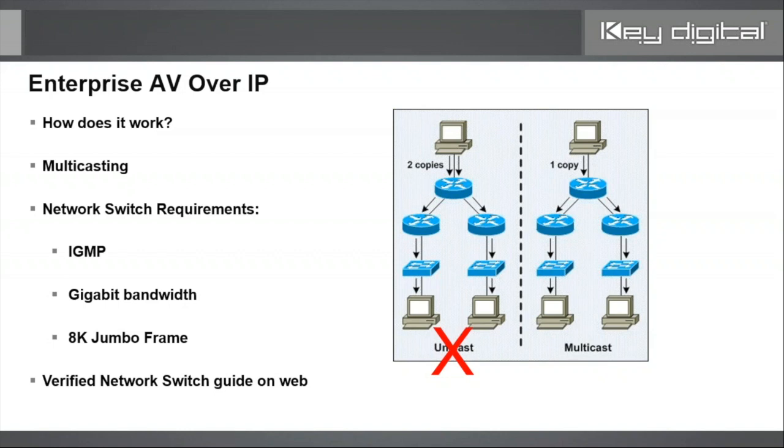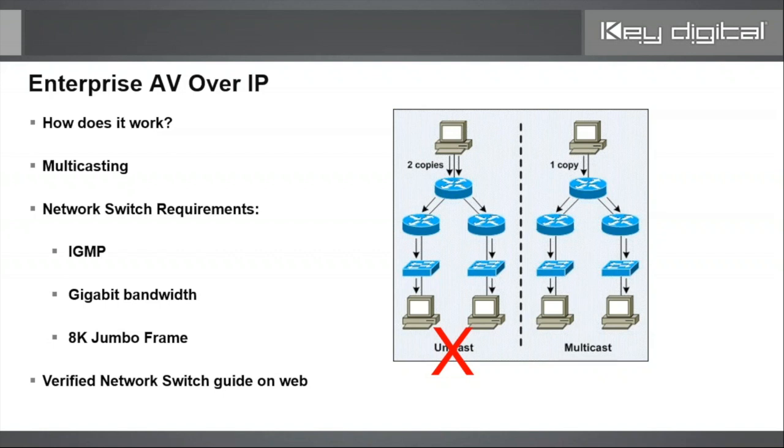Now, that sounds great, except that it could cause a lot of problems if you are sending an AV signal to a printer on your network, for example. That's why your network switch requires IGMP, Internet Grouping Management Protocol. This is like the traffic police. It prevents the broadcasts from going to recipients you don't want it to go to.